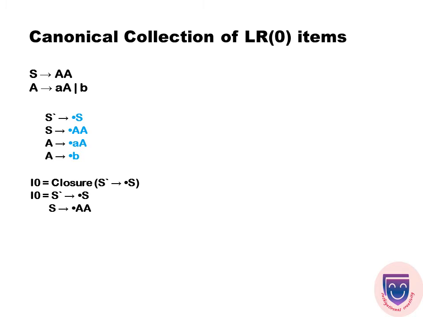In the I0 state, we have to add all the productions starting with S because the dot is followed by a non-terminal. Then we have to add all the productions starting with A also because here also the dot is followed by a non-terminal. So the I0 state becomes like this.